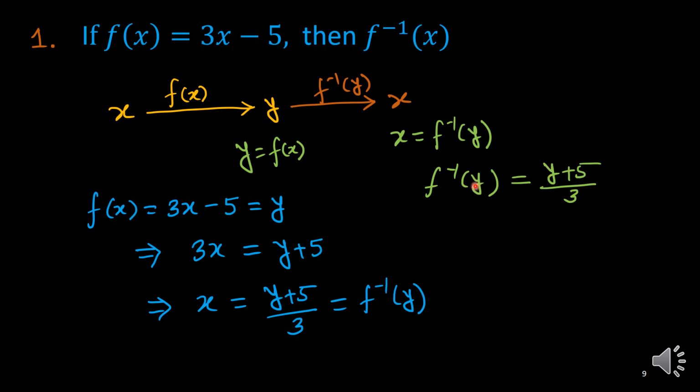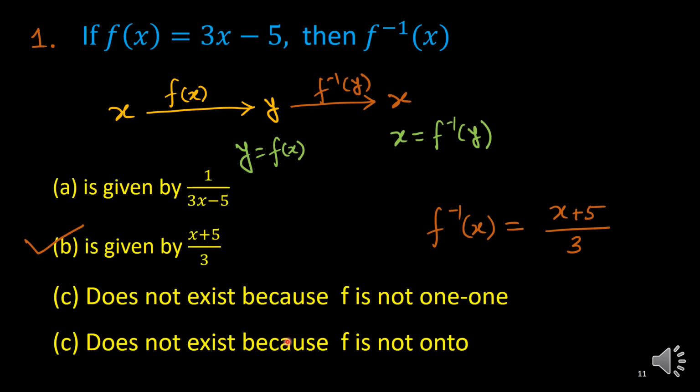If I replace both sides with x, no problem at all. I can write f inverse x equals x plus 5 by 3. So I have got the inverse function. Now these are the choices, and you can see that this option is correct. Option B is correct. It is x plus 5 upon 3.